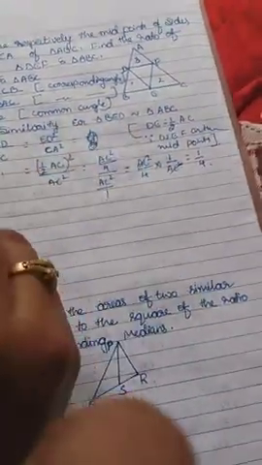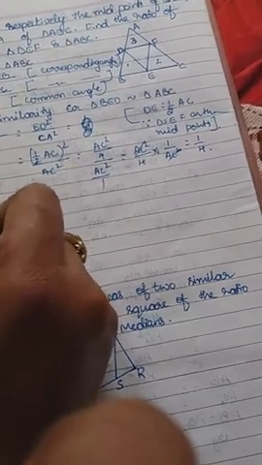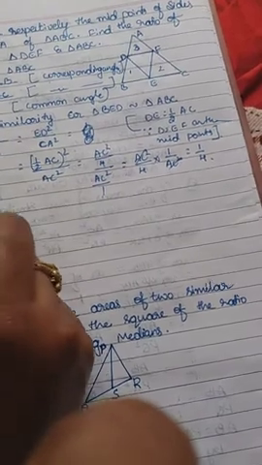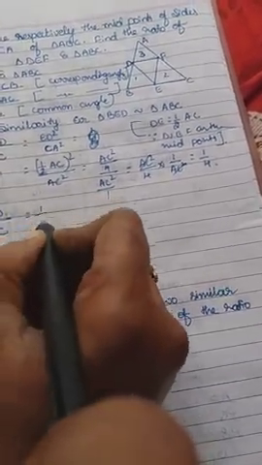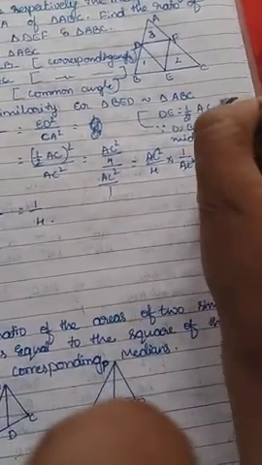That thing only I am writing here. Area of triangle BED divided by area of triangle ABC equals 1 by 4. Here you can write D, E, F are the midpoints.